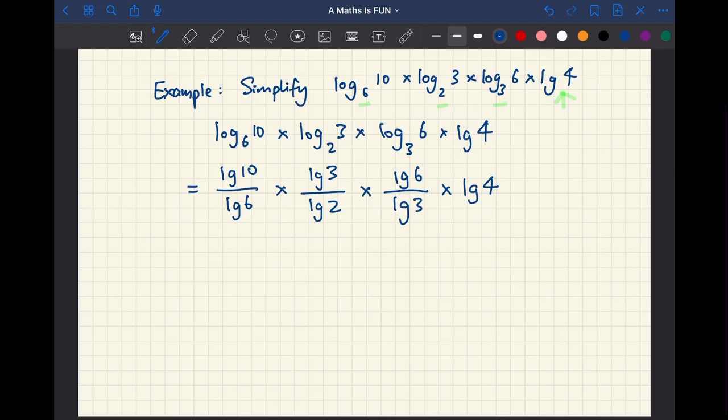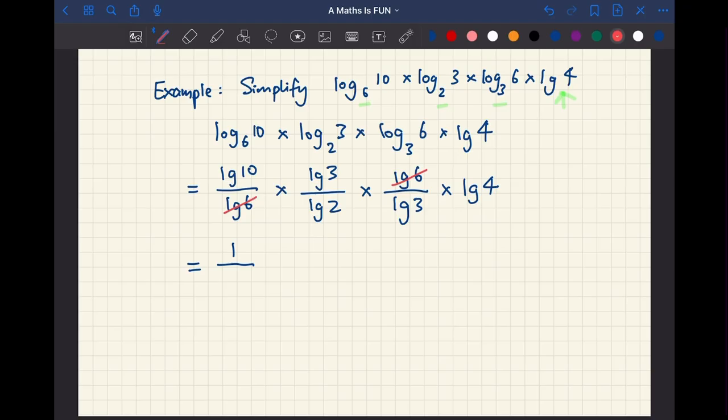Okay, so I'll try to simplify some of them first. First of all, log 10 base 10 is going to give me a 1. And then I try to see possibilities to cancel, what we love to say, but actually it's just dividing the same number top and bottom. So I have here log 6 over log 6.